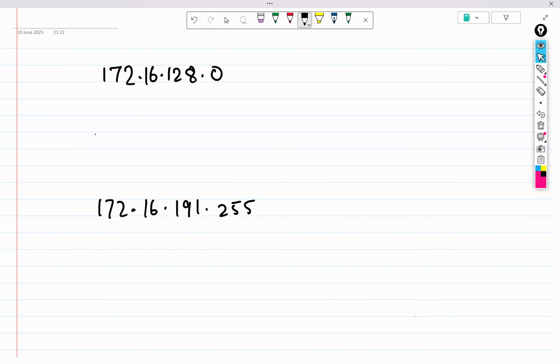And our IP address 172.16.150.41 is between these two IP addresses.